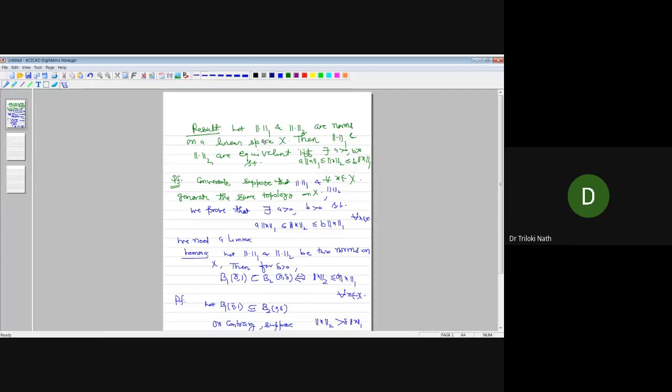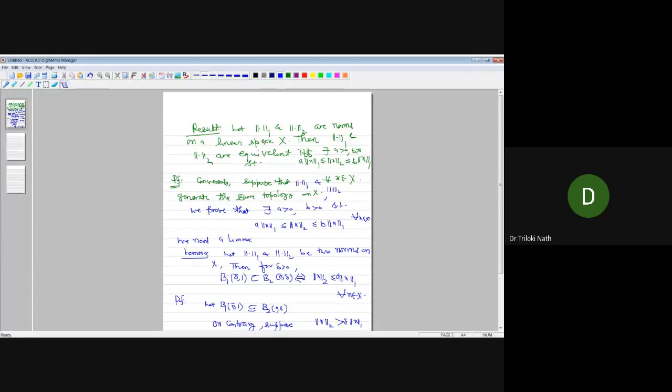Conversely, now we are going to prove the converse part. Suppose that norm 1 and norm 2 generate the same topology on X, that is, they are equivalent. We need to prove that there exist a greater than 0, b greater than 0 such that this condition is satisfied. For this, we need a simple lemma.